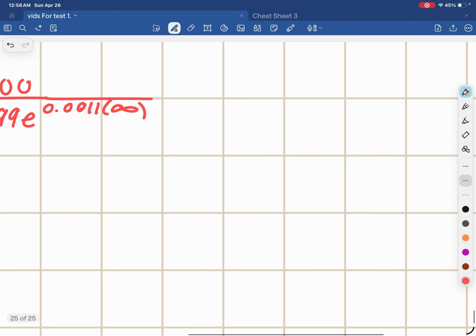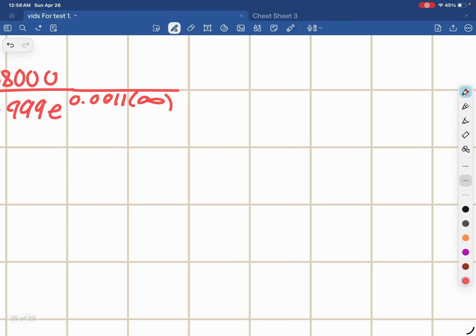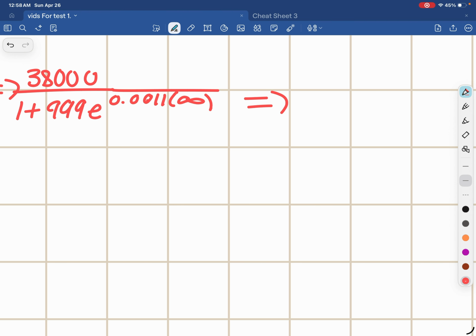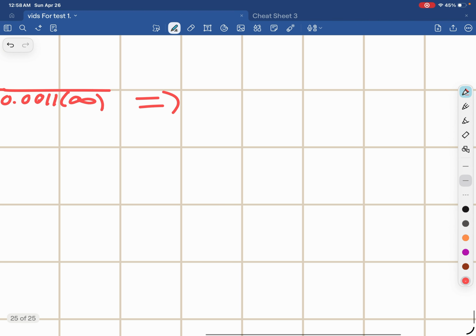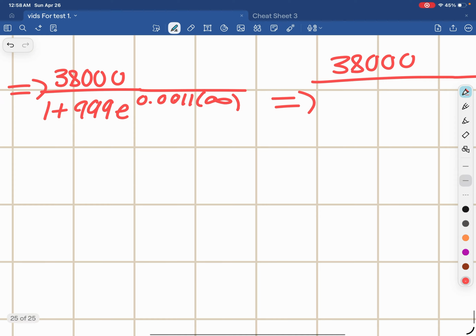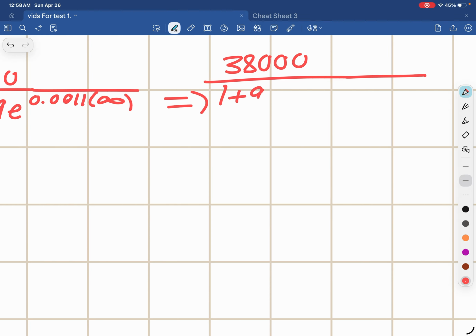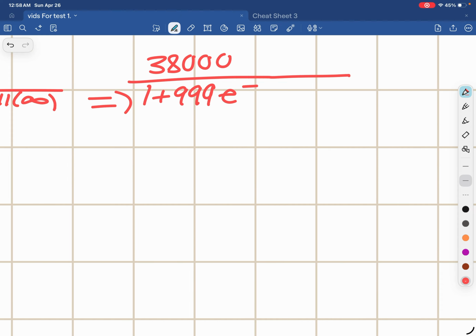And then in return, we'll push that, and we should get negative infinity in our exponent. I know a lot of writing, but stick with me here. So we have 1 plus 999e raised to negative infinity.